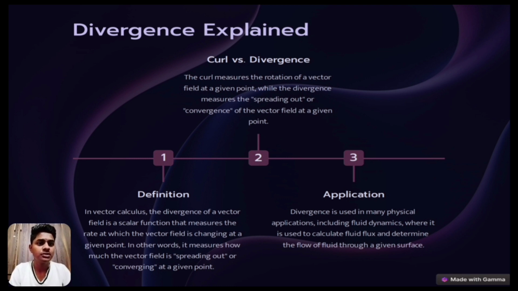The curl measures the rotation of a vector field at a given point, while divergence measures the spreading out or the convergence of the vector field at a given point. And the application. Divergence is used in many physical applications, including fluid mechanics, where it is used to calculate flux and determine the flow of fluid through a given surface.